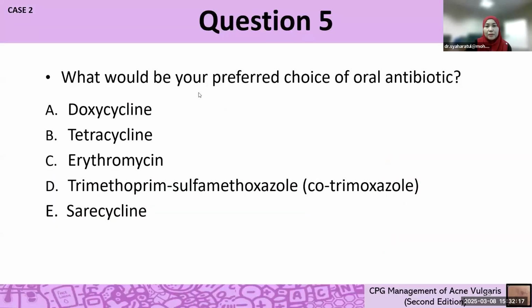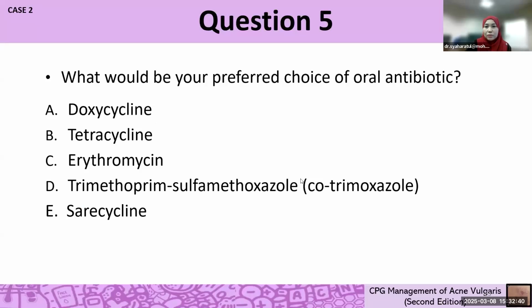So which antibiotic would you prescribe? We've already mentioned doxycycline, tetracycline, erythromycin, or would you give Bactrim or sarecycline? Those are the treatments you can give for patients with moderate acne vulgaris, but which would be your choice?